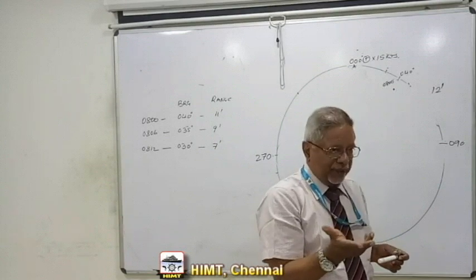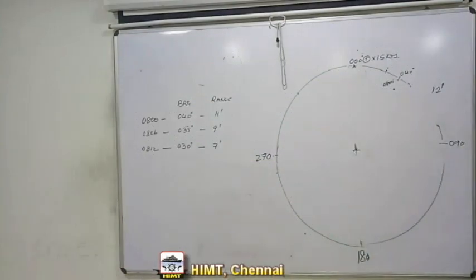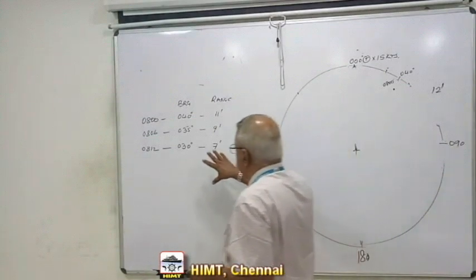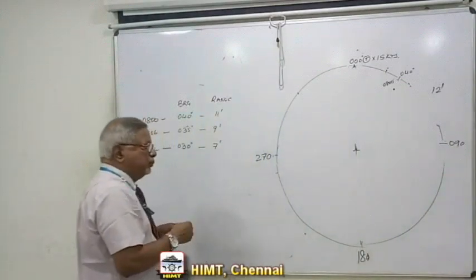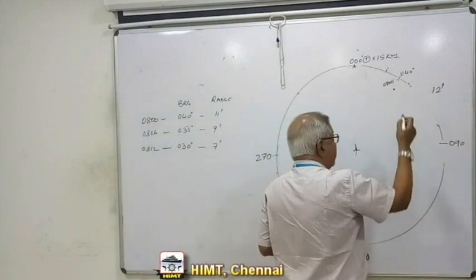The bigger the plot, the more the accuracy. If you keep it small, then the plot is going to become very small and the accuracy will reduce. So I'm using the 12-mile range scale.